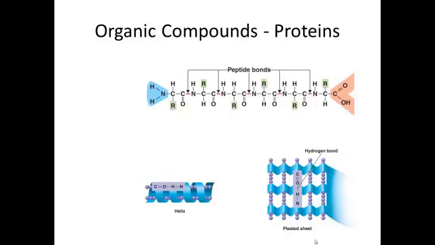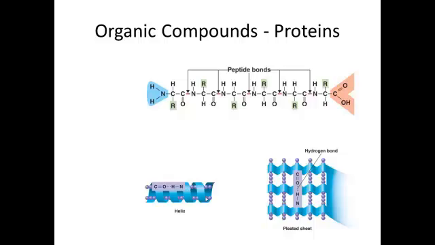The first one is if they form a coil, going around and around and around and around. Ignore the purple balls. I'm not sure why they decided to put those in there. But this makes the molecule springy. It gives it an elastic nature, just like a spring. The molecules in your hair and in wool have lots of these helixes, so it makes it springy, elastic, so your hair can move around.